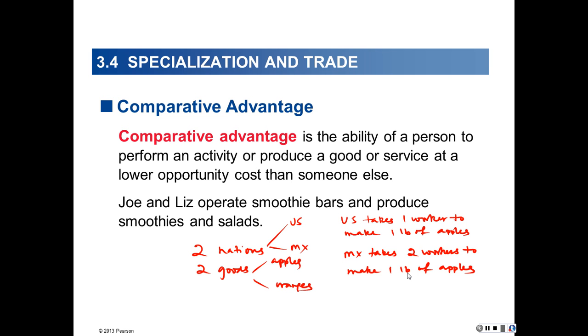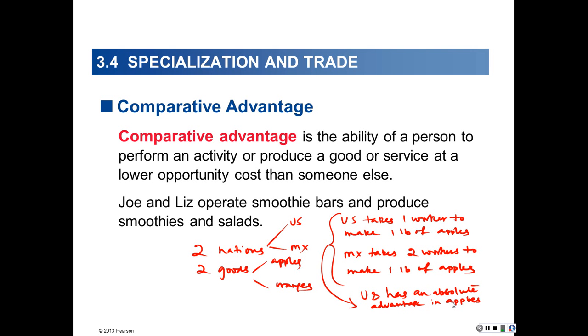So these facts here tell us that the US has an absolute advantage in apples. That's the meaning of absolute advantage. Is that understood? It's quite simple to understand, right? One party is better than another party in something, that party has an absolute advantage in that good.